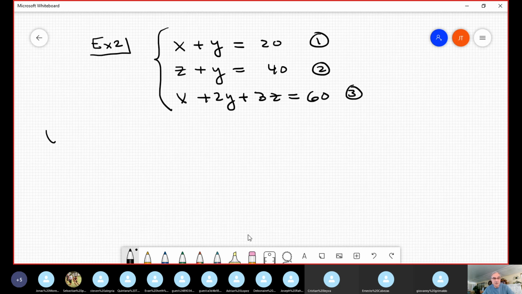Okay, so you have to write the augmented matrix associated with this system, because after that I get inside the computer, and the computer helps me to solve it. How many equations do we have?